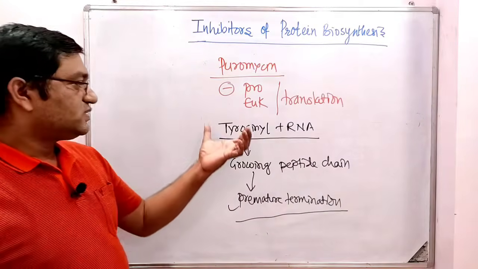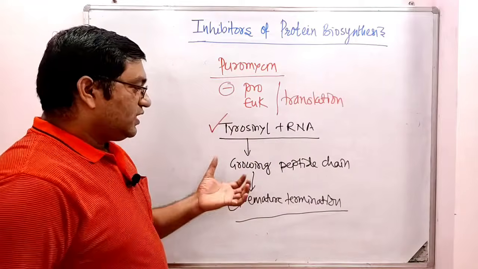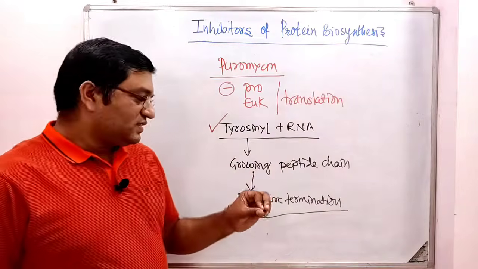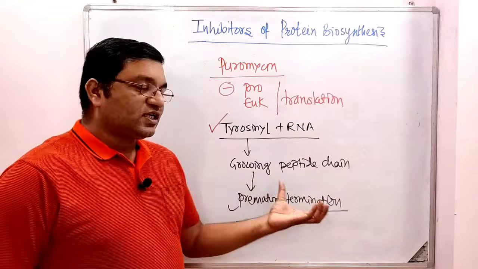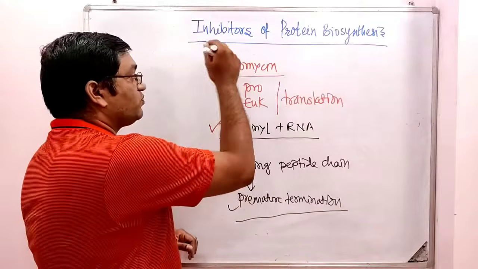So puromycin is structurally similar to tyrosyl tRNA, incorporated into a growing peptide chain and causes premature termination of the translation process. So this is the mechanism of action of puromycin.